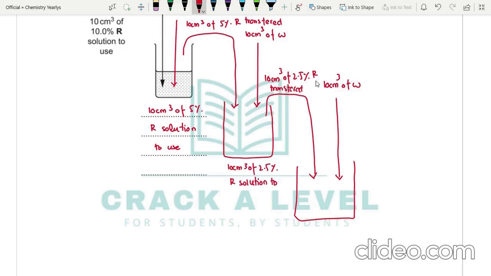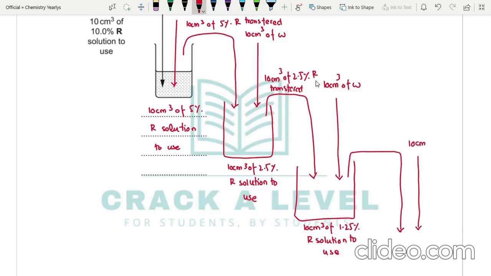And this will become 10 cm cube of 1.25% R solution to use. Then we are going to be making another and the last beaker, which is going to be this one, and we are also going to be adding 10 cm cube of water to this one, and 10 cm cube of 1.25% are transferred.